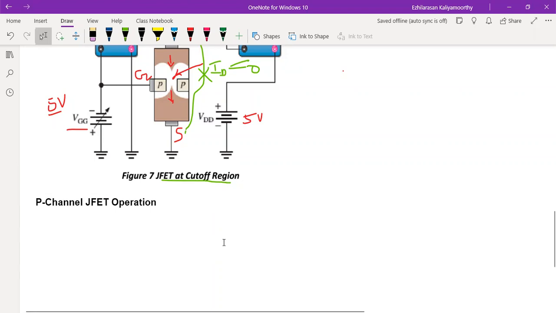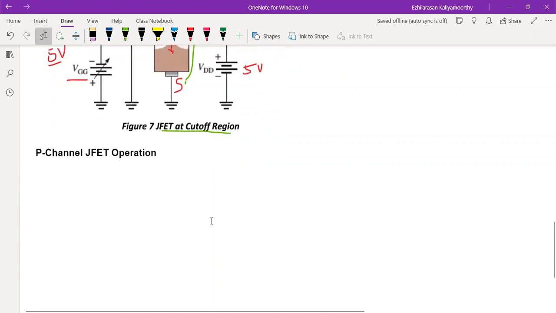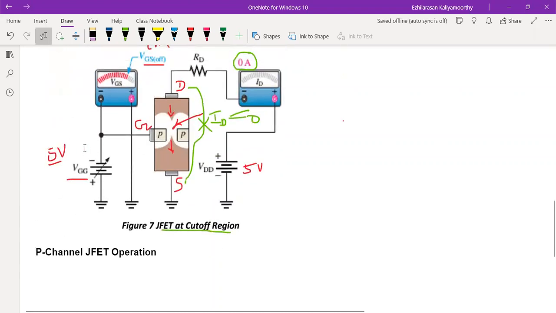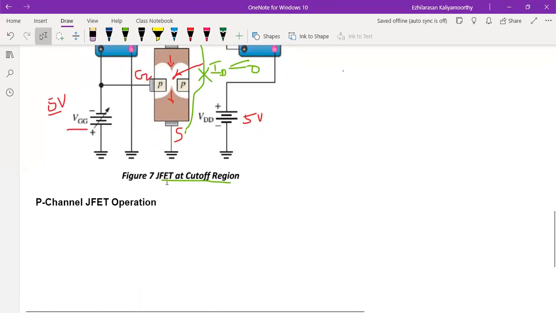Only the difference is that the holes and the electrons will be changed. Whatever operations we said for NJFET, it will be the reverse operation of the same for P channel JFET also. Except that the P channel JFET requires a negative VDD and the positive VGS.